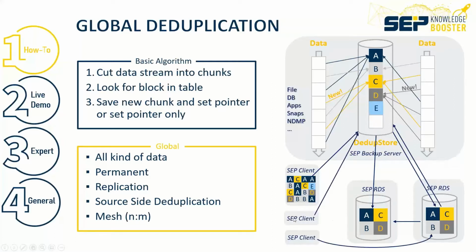And you could have much more clients doing source side deduplication to this or to this, depending what is more appropriate to your backup concept and your environment. So this kind of mesh of deduplication is the basis of global deduplication. It works continuously and never starts from scratch.